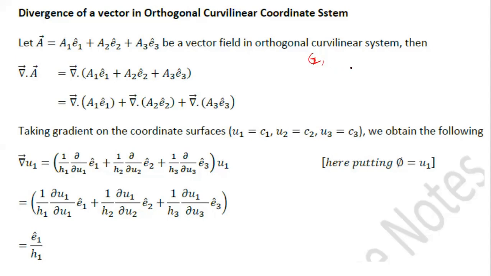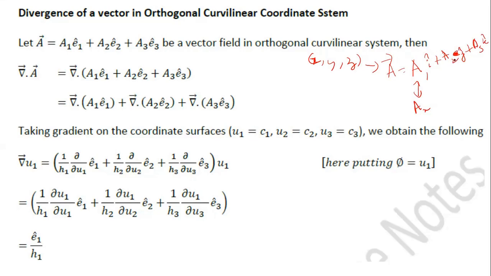In our XYZ system, we write our A vector as I cap times some coefficient or the component along X. We can call it A, AX or A1, whatever you are comfortable with, and A2 J cap plus A3 K cap. So this is your vector field in the Cartesian system.